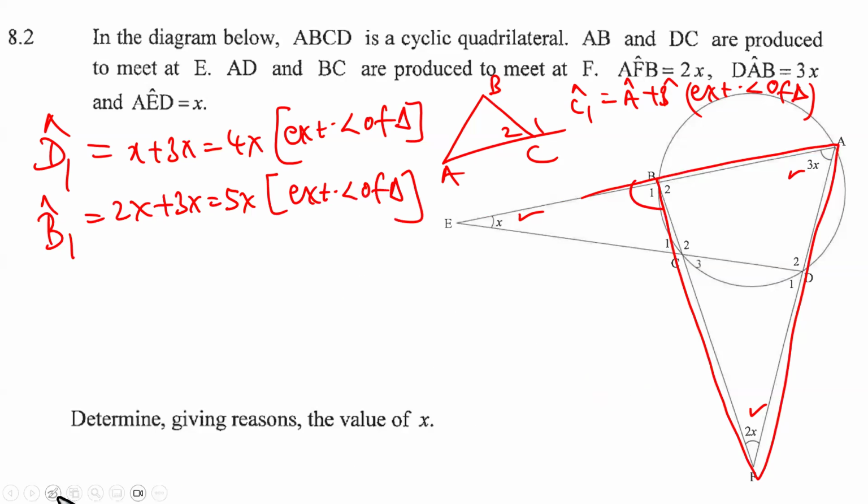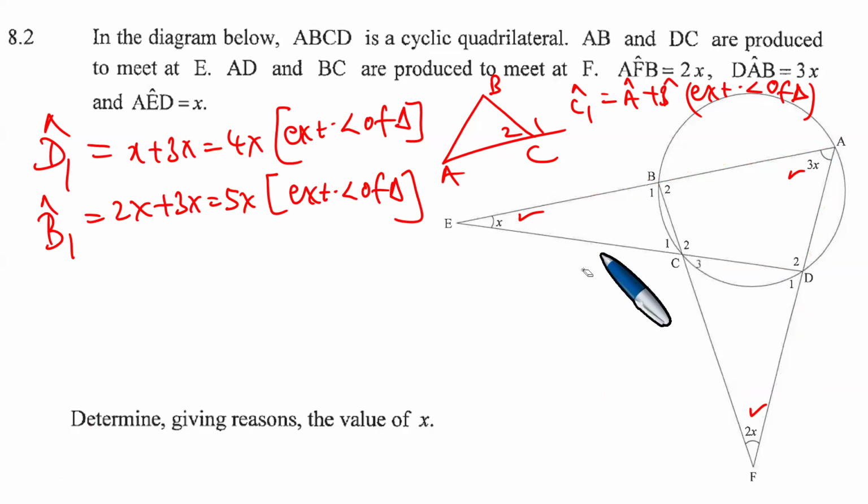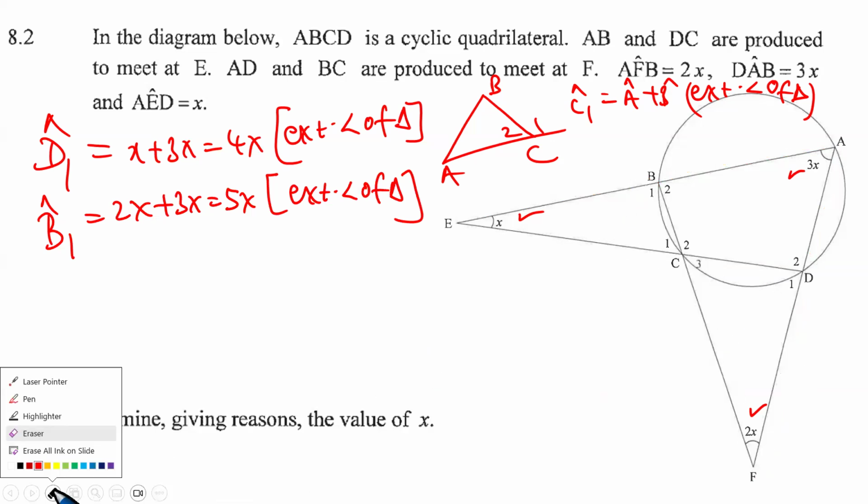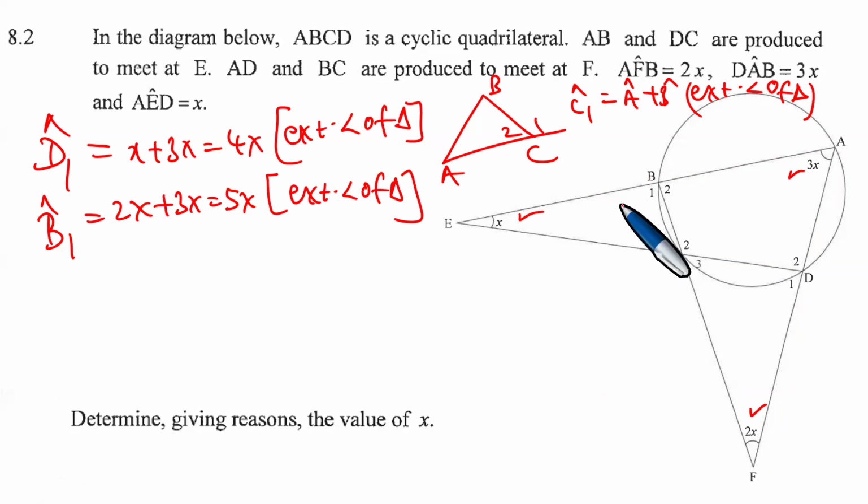So we take those angles and put them here: this is exactly 5x, and this D1 is x plus 3x, which is 4x.